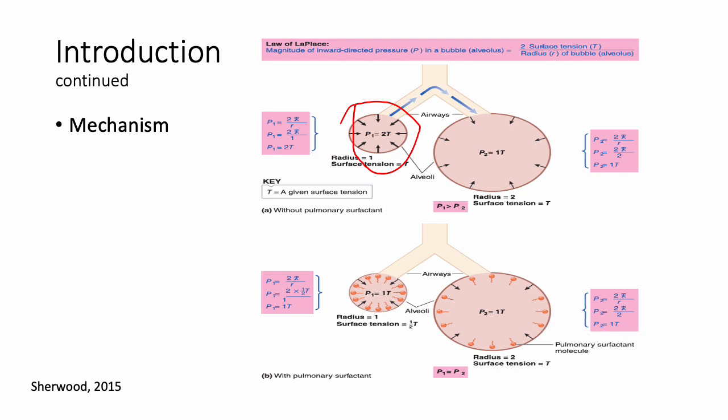With this equation, 2T over R equals P, where P is the inward direction collapsing pressure, T is the surface tension, and R is the radius of the bubble. So again, the equation was P is equal to 2T over R.